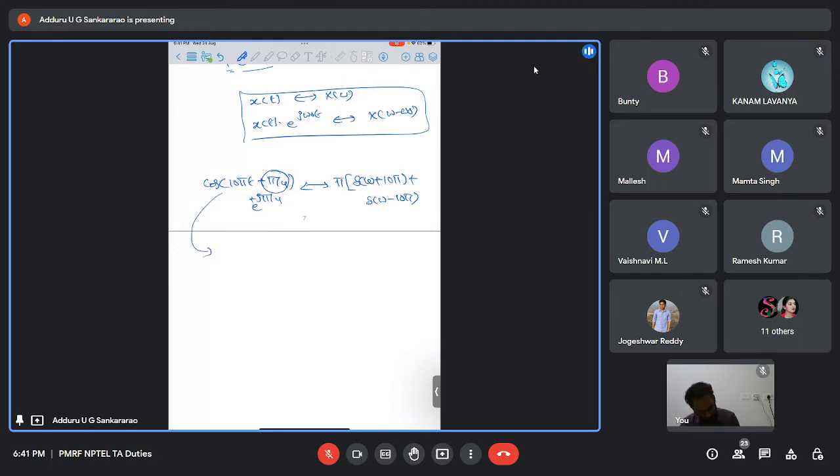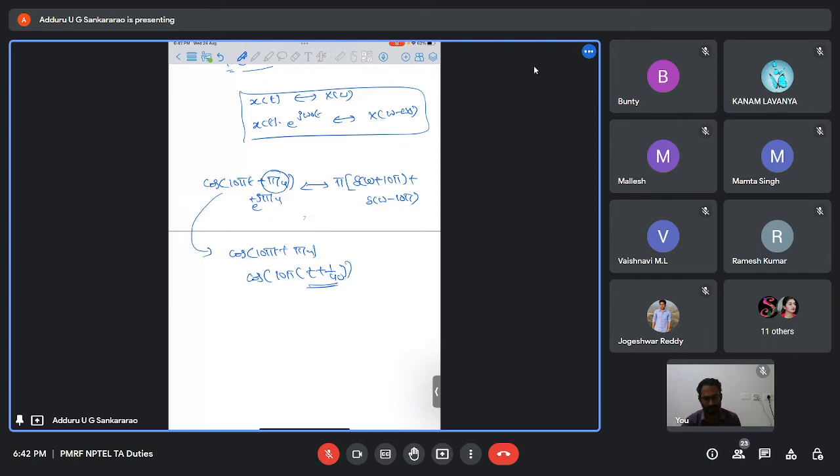You can also do like this. cos 10 pi t plus pi by 4 I can express like this, cos of 10 pi into t plus 1 by 40. It is like the time shift property, right? Using the time shift property also you can find out. But anyway, for other signals we can use like this.